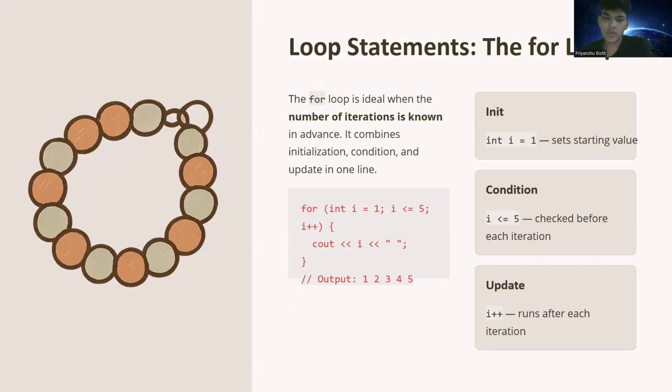For example, in this example, the loop prints numbers 1 to 5. First we use initialization, like int i equal to 1. Then we use the condition, i less than or equal to 5. And then we update, like i plus plus.